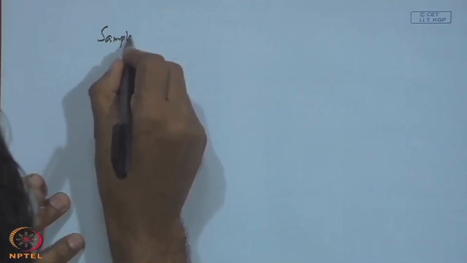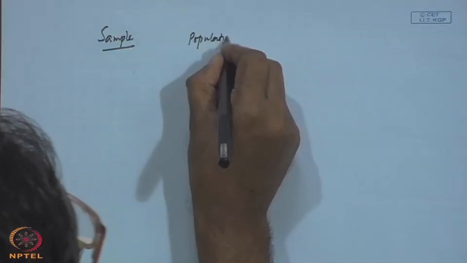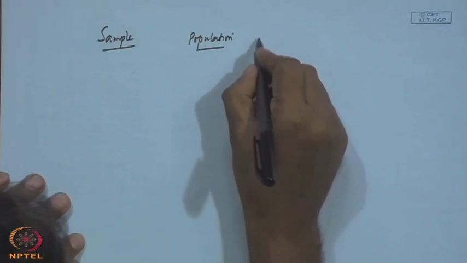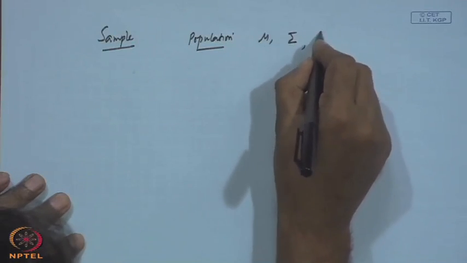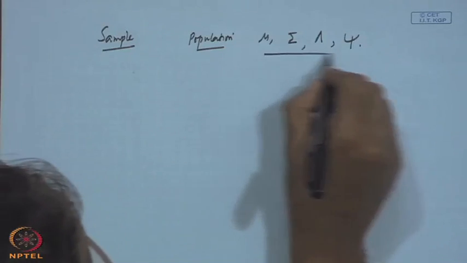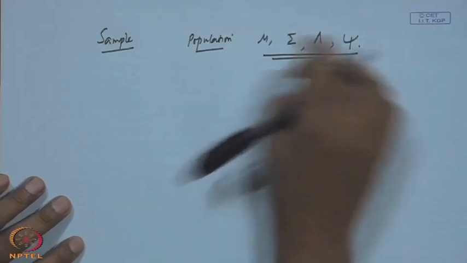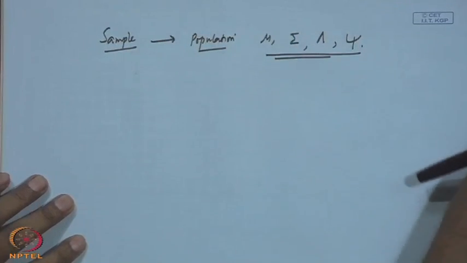Here we are talking about a sample, but so far we have discussed the population, because we have taken mu, sigma, lambda, psi, all related to the population. During estimation we will see the sample part, but let us concentrate on this example now.